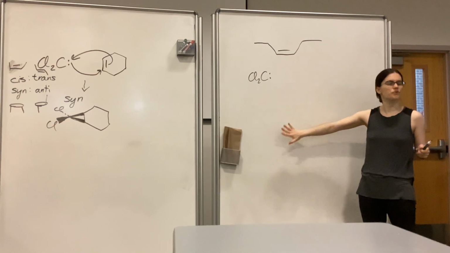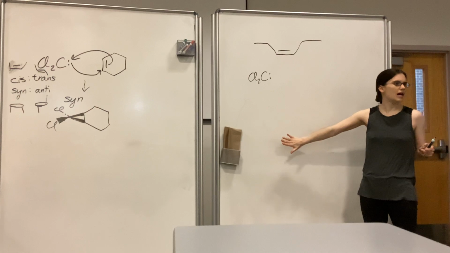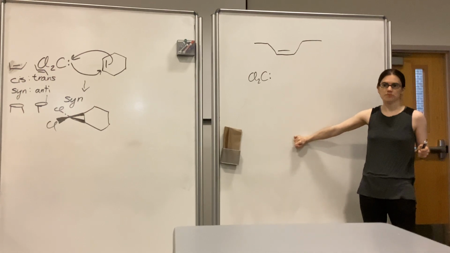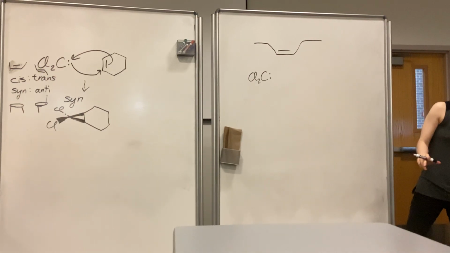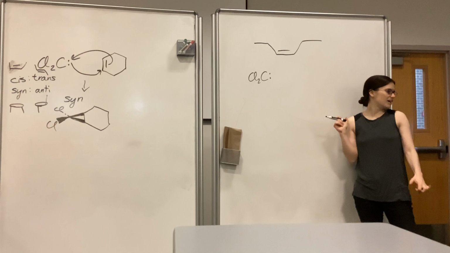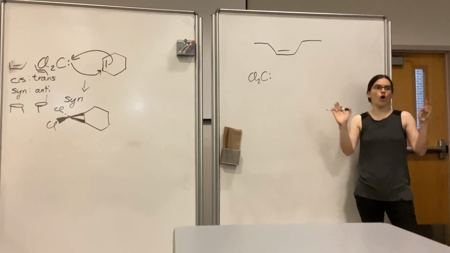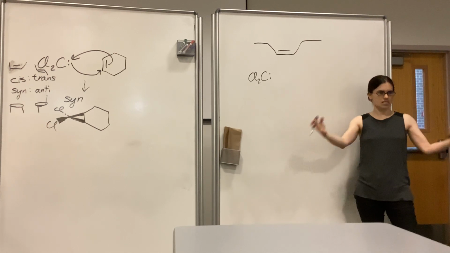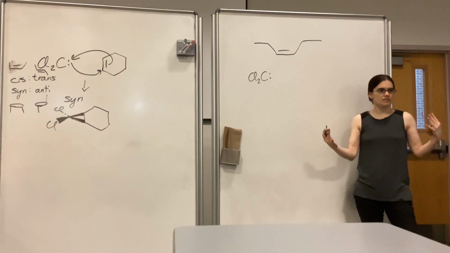So if you get to the point where you're trying to predict reactants or predict products, and once we get to the next chapter, hopefully before the break, after the break probably, there'll be a lot of things that look similar because we'll always have a carbonyl and then we'll do something with it. You're going to do the same thing.